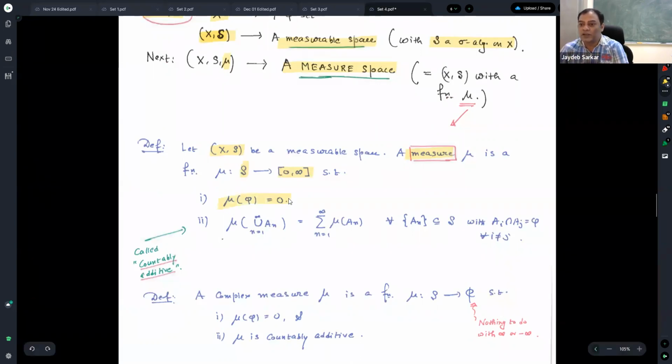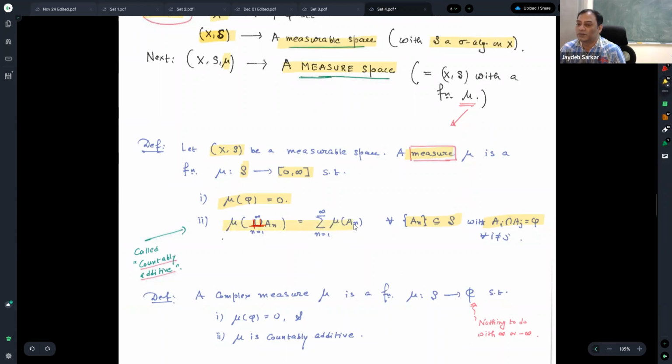Number one, the measure of the empty set is 0 always, and the measure of a disjoint union of A_n: you take a sequence of A_n from the sigma algebra S, and assume that A_i intersection A_j is empty for all i not equal to j. That means the disjoint union. And I think we have a better way to denote this, right? This is how I write, and most people like to write the disjoint union this way. So the measure of the disjoint union of A_n is going to be the sum of the measures of A_n.